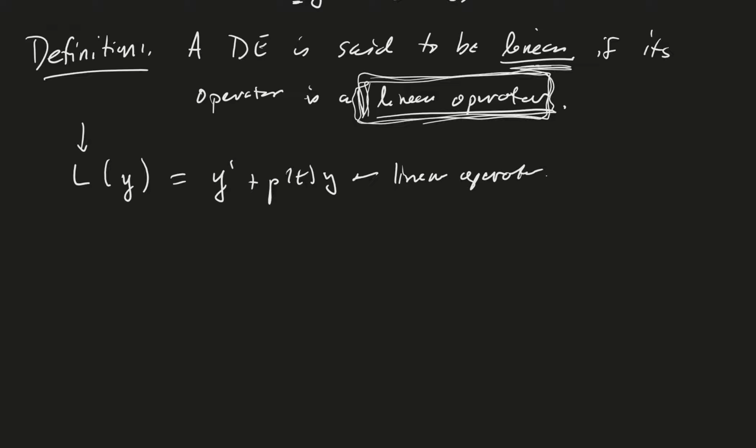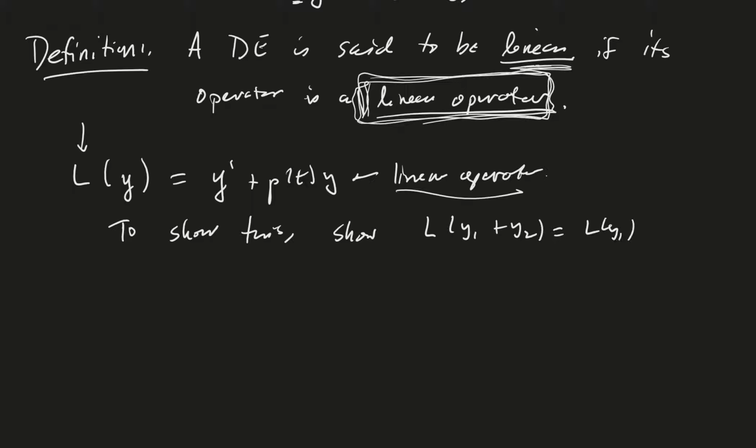Because that's the operator for a linear differential equation. Of course, we could show that it is a linear operator. To show this, you would show that L of y1 plus y2 is L of y1 plus L of y2, and L of c times y is c times L of y.